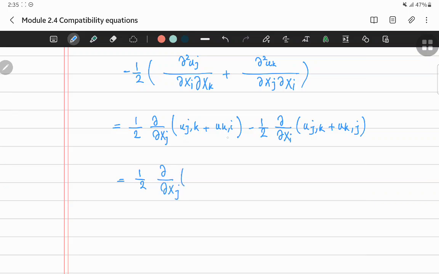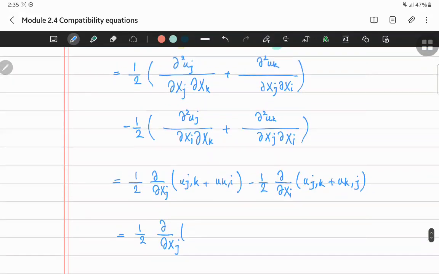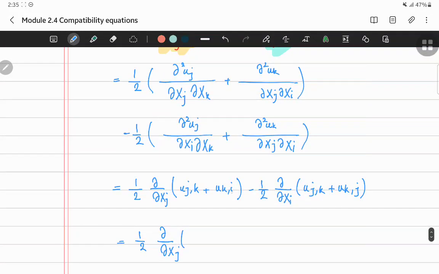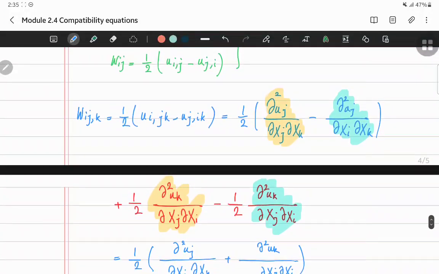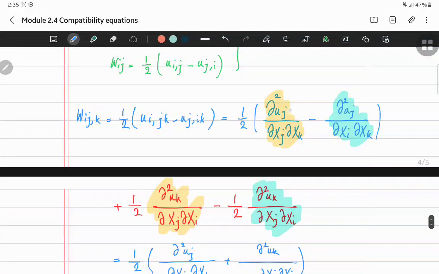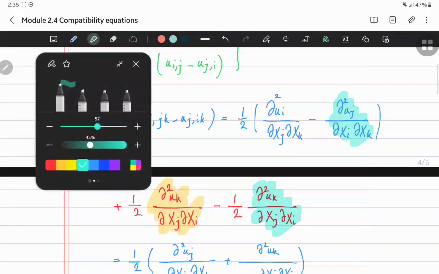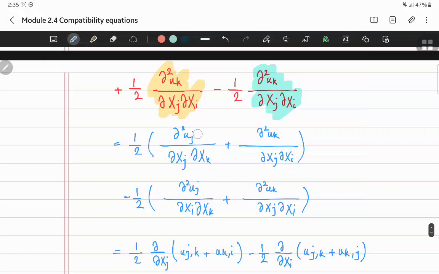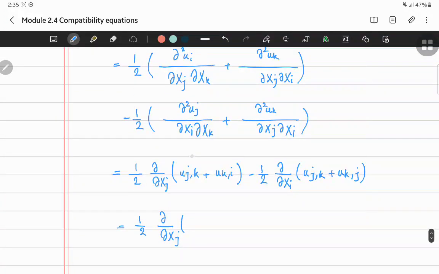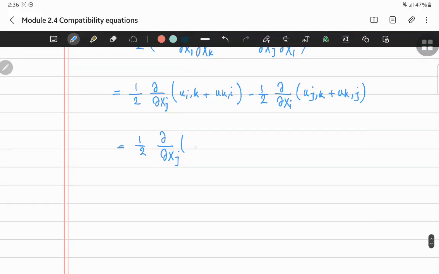Perfect. Now what I have is half of the partial derivative. What is this? No, I made a mistake. This is supposed to be j. I guess that this is ui. This should be i. And this is i. This is i. All right, now it makes sense.